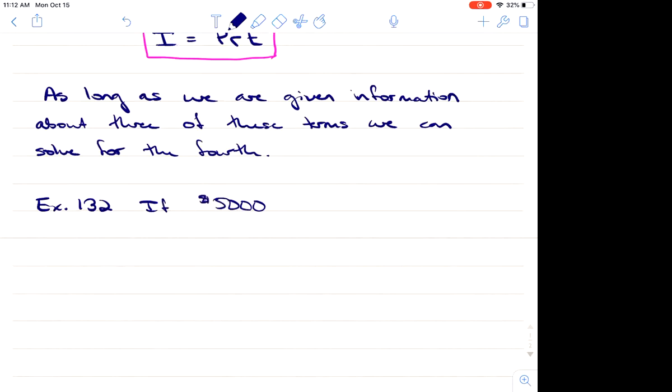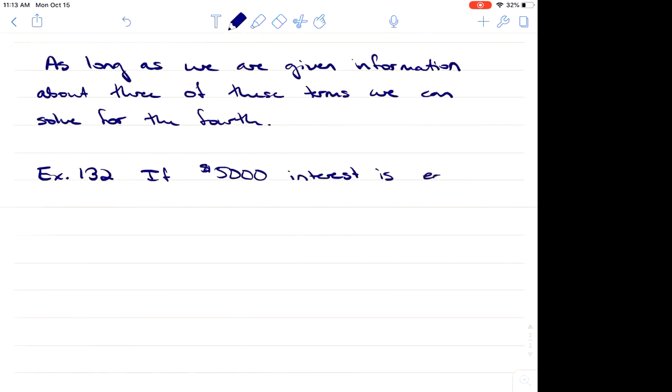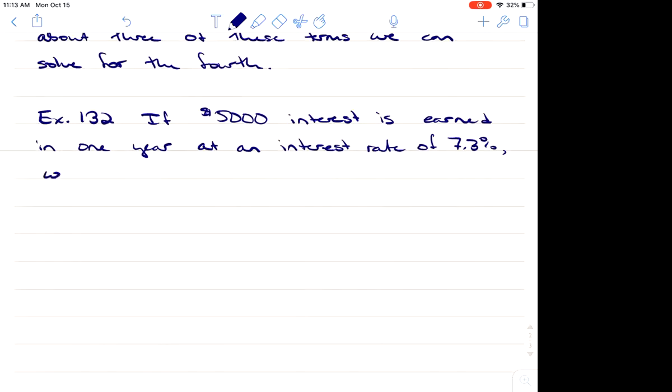So if $5,000 interest is earned in 1 year at an interest rate of 7.3%, what amount was initially invested? Right, so that's the question.